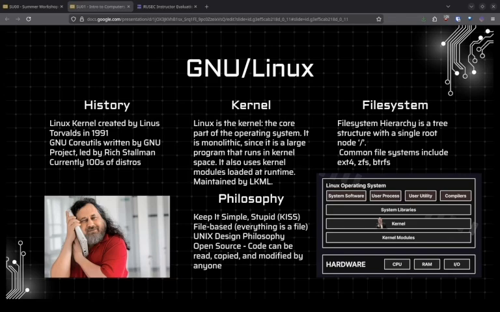Windows doesn't have the GNU utils unless you install GDB, in which case you're running GNU code. Currently, there are hundreds of distributions of GNU/Linux. I will call it that. There is a copypasta, and what it's basically trying to say is that Linux is the kernel. It's the core part of the operating system.